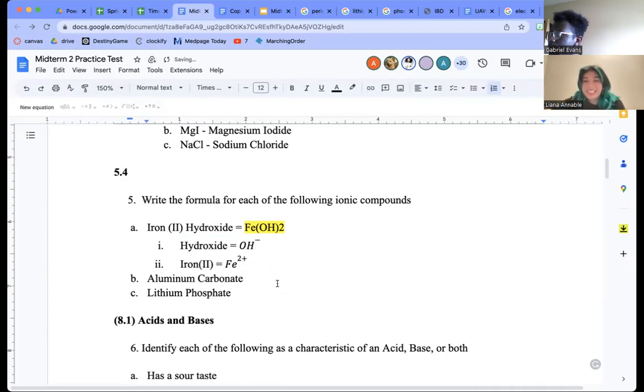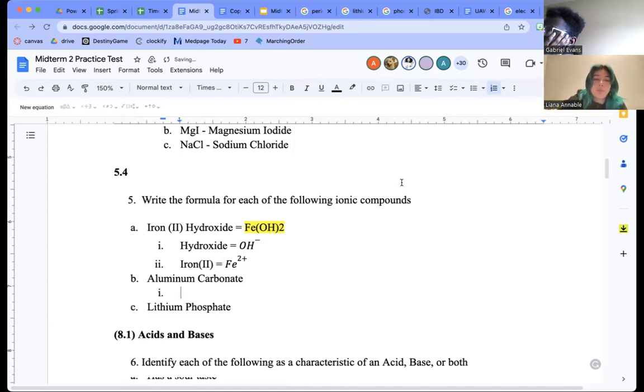Anyone else on this one? All right, this one looks like we have quite a few answers, but let's break it up the same way we broke it up for the first one.